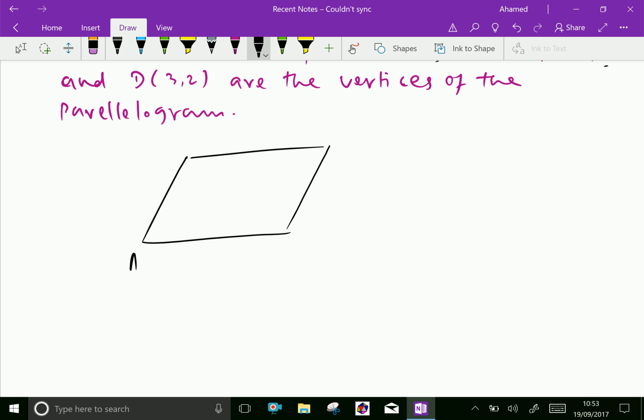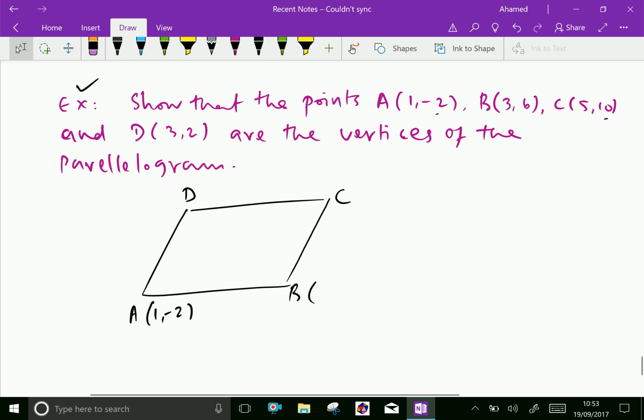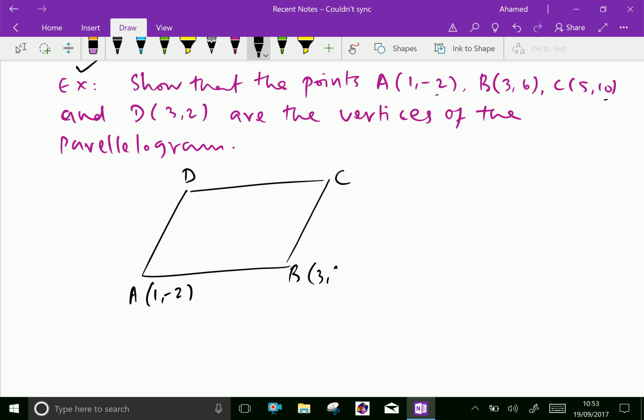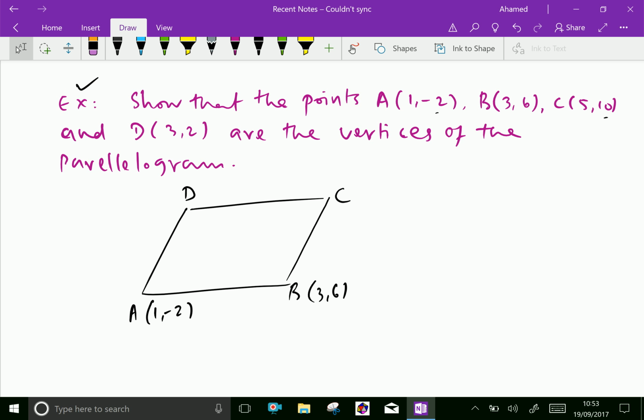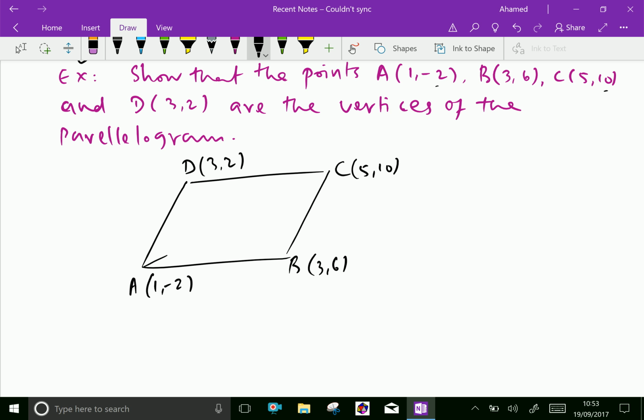Put the points in order A, B, C, D. A is (1, minus 2), B is (3, 6), C is (5, 10) and D is (3, 2). To prove the parallelogram, join the diagonals also.